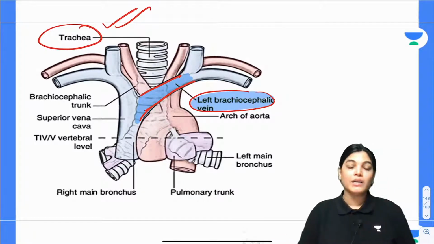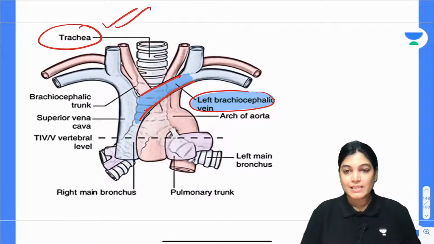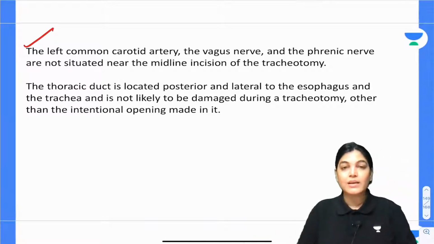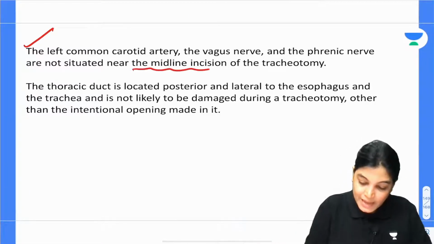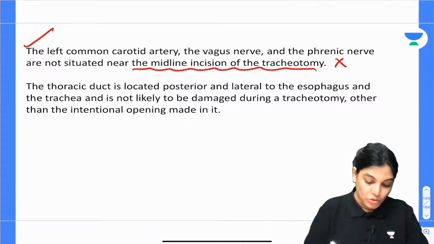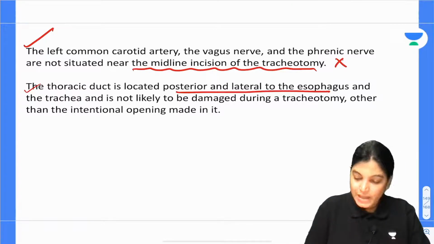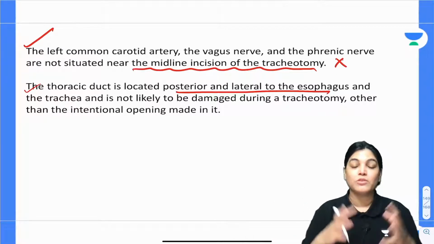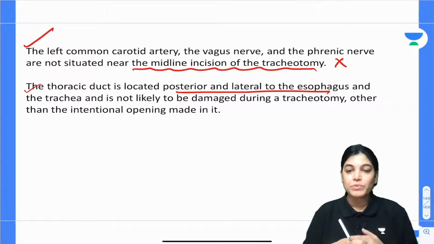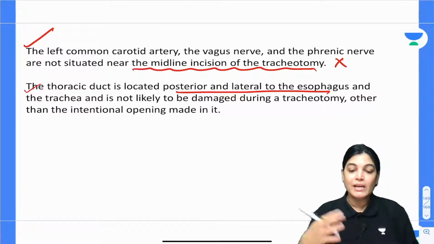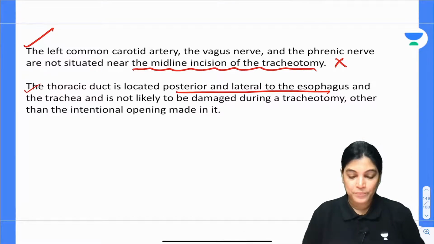The other options are not correct because the left common carotid artery, the vagus nerve and the phrenic nerve are not situated exactly in the midline of the tracheostomy incision. The thoracic duct is also not correct because it lies posterolateral to the esophagus and can't be injured when tracheostomy is done. The most common structure to get injured will be the left brachiocephalic vein.